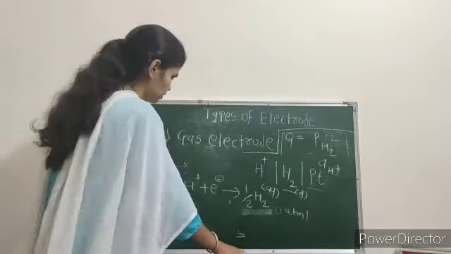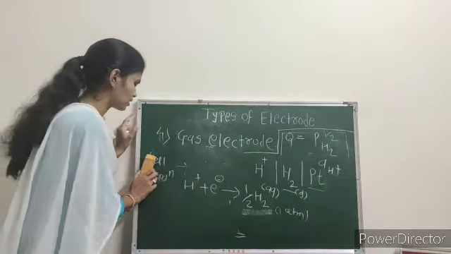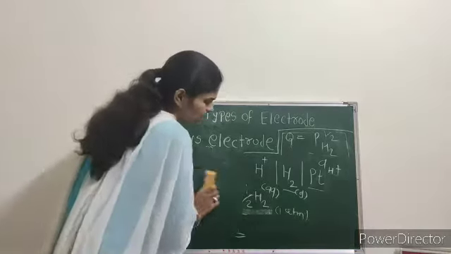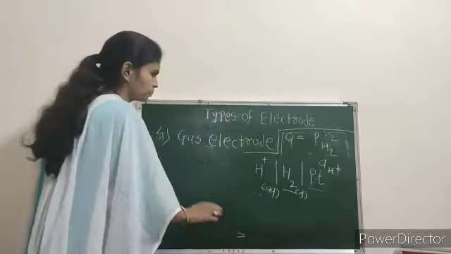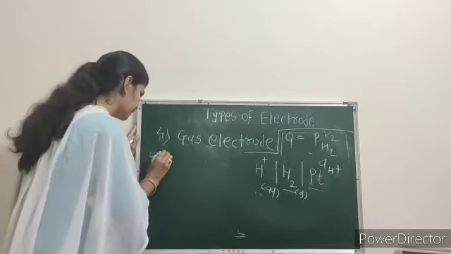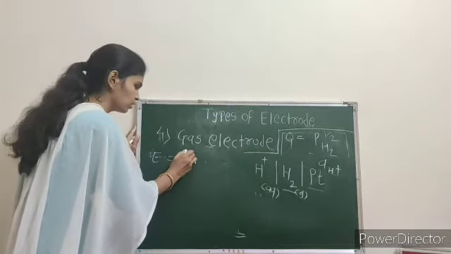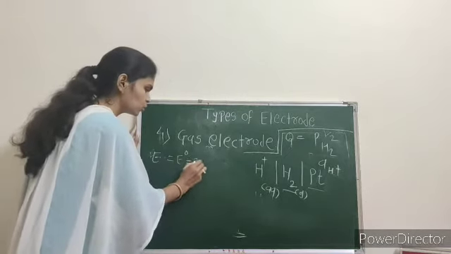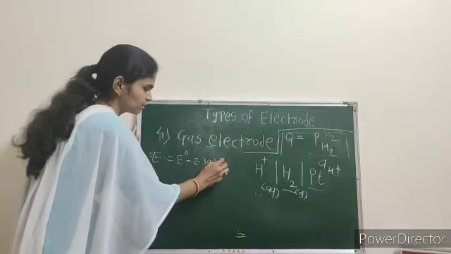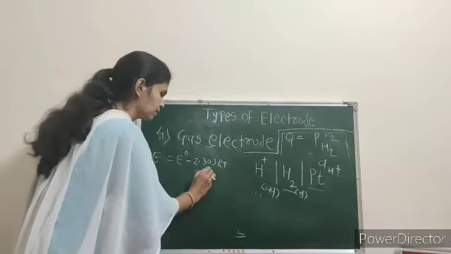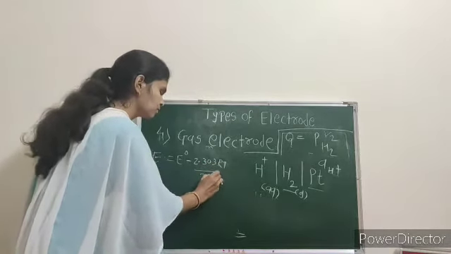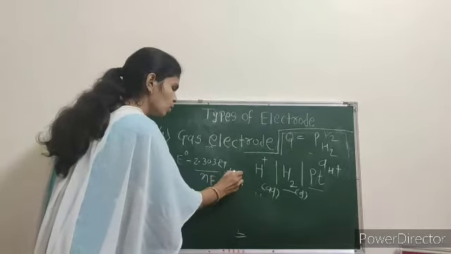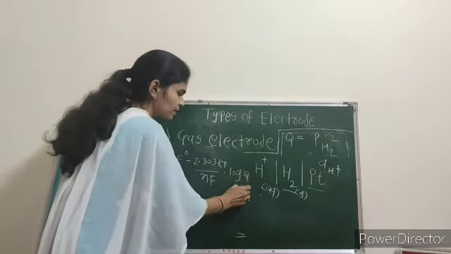This value is put into the Nernst equation. Therefore, we first write down the Nernst equation: E is equal to E naught minus 2.303 RT upon nF into log of Q to the base 10.